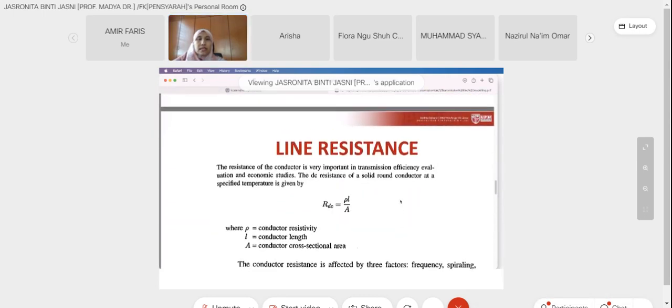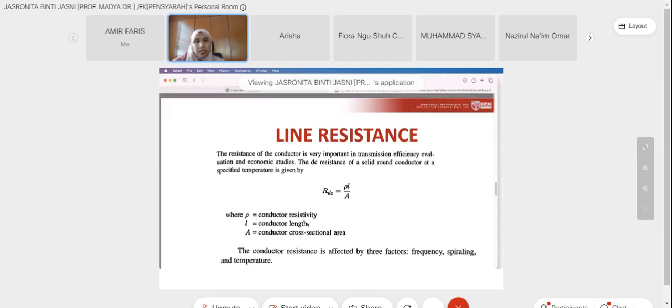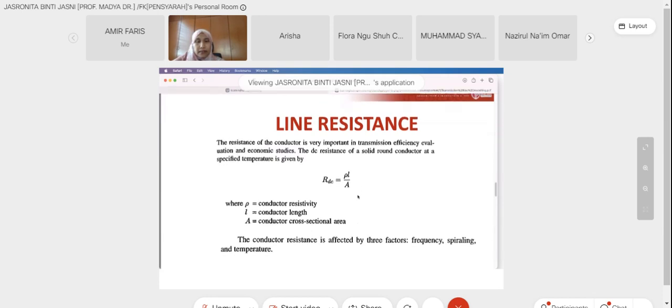Okay. So the line resistance, this equation, I think you have come across this equation, right? Have you already seen this?